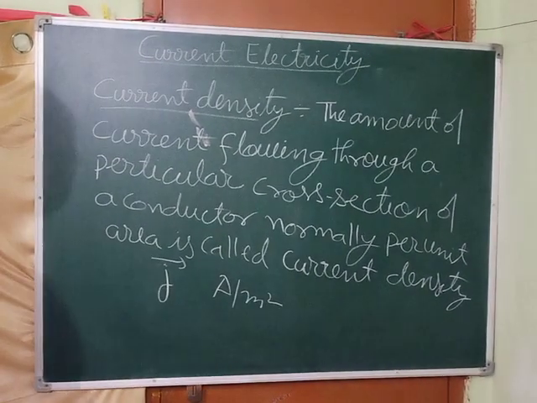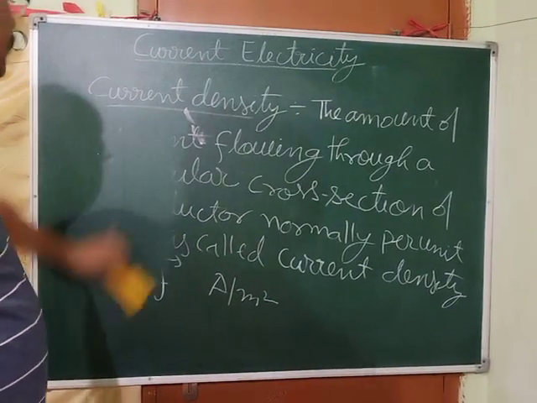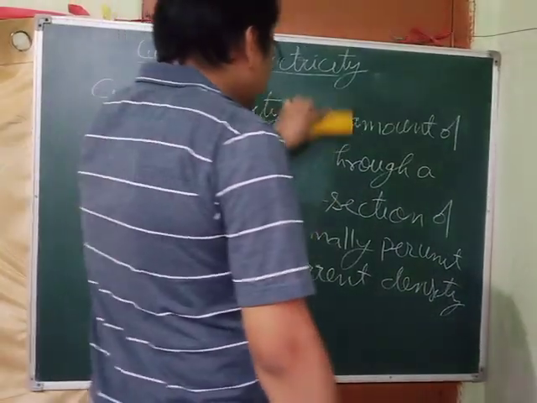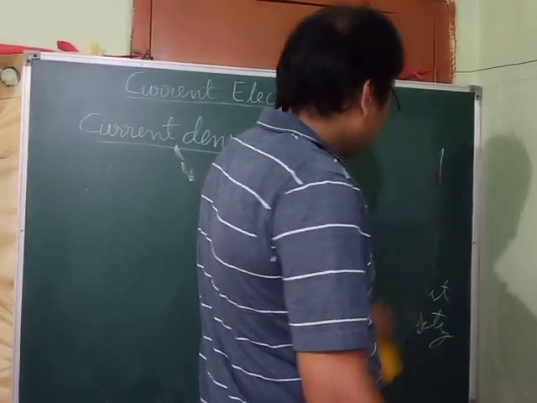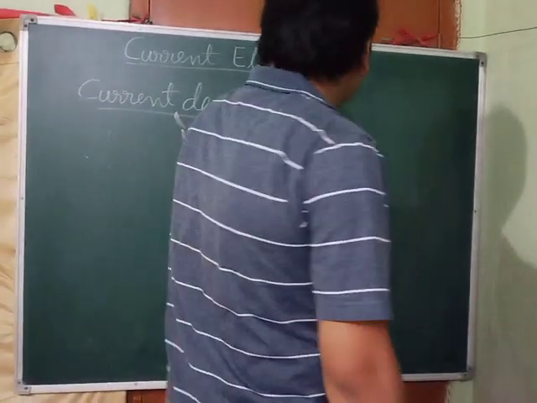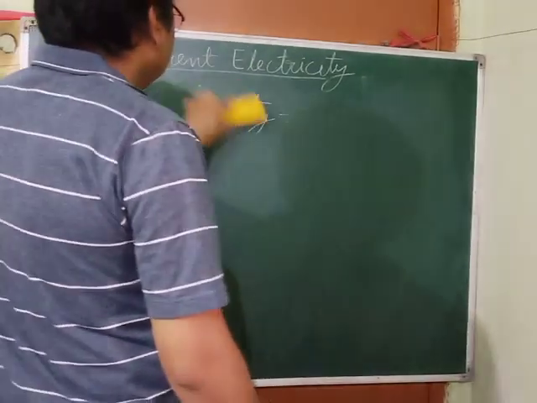Full stop. Done. See, whatever current is flowing, per unit area, perpendicular to the surface, is called current density.